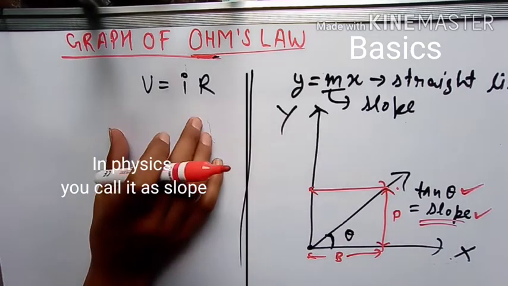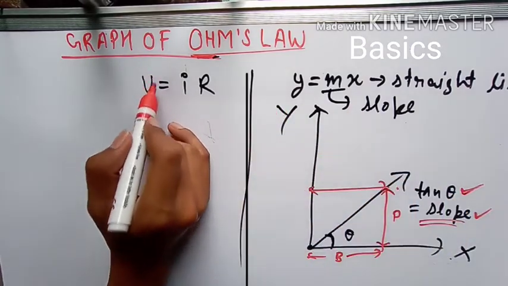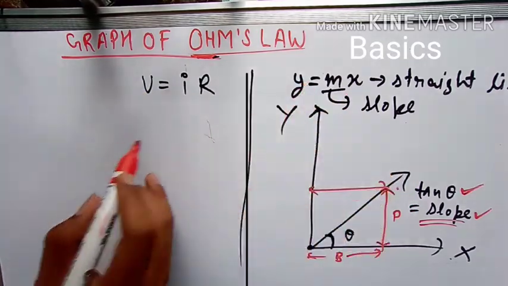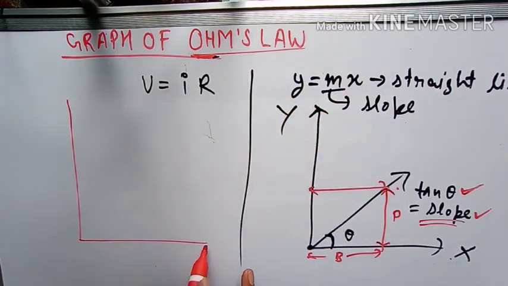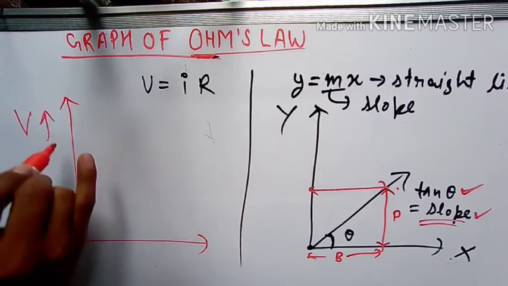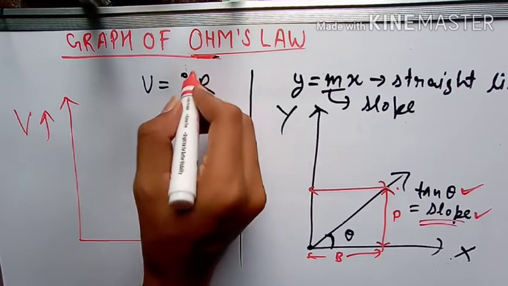So let's draw its graph. Suppose that in the place of y, you have taken V. So let's draw the graph for this. This is now V and this is I. Now what about R?